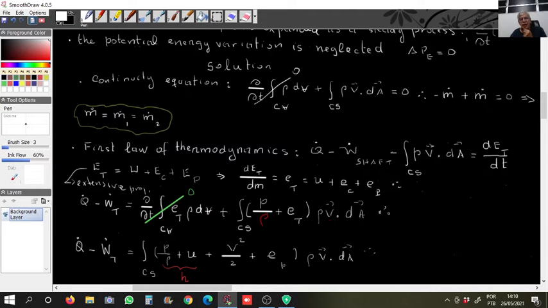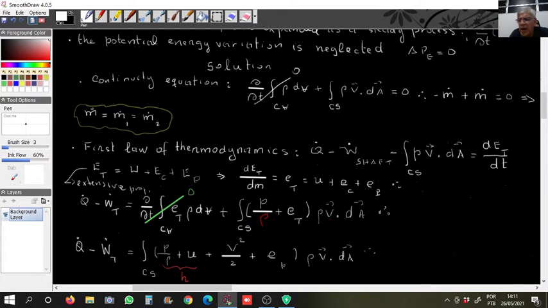Let's start with the continuity equation. As we did before, eta is 1, and this term is 0 because it's a steady process. Here, the integral of rho v dot dA is equal to 0.